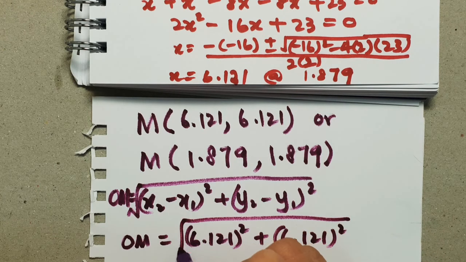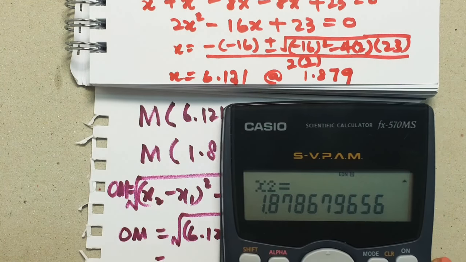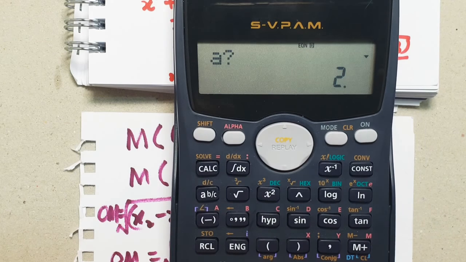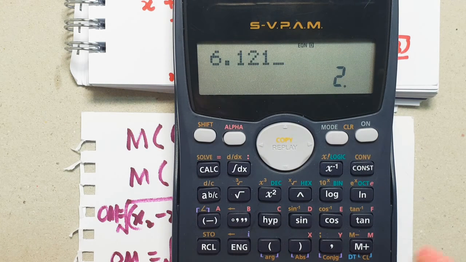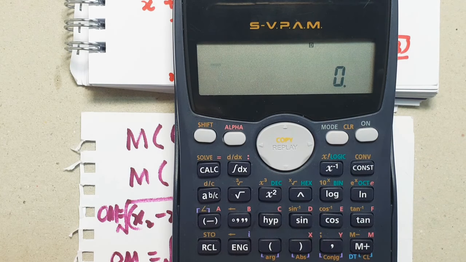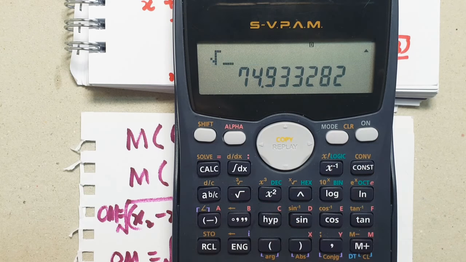Then we use the calculator. Computational mode first. We square 6.121, plus 6.121 squared again, and then we square root the answer.